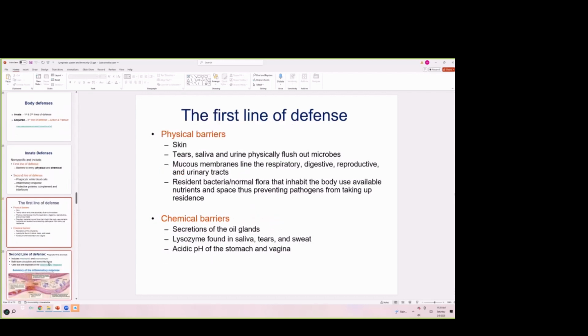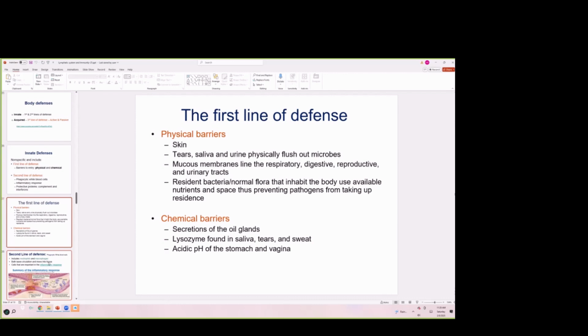In terms of physical barriers, we have the skin. Our skin has areas that will prevent, even though we have some bacteria on our skin, it also still prevents them from coming in. And then we have the tears that we have when we cry, or we don't even have to cry. When you blink your eyes, tear glands produce this liquid that keeps washing the eyeballs.